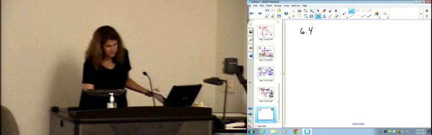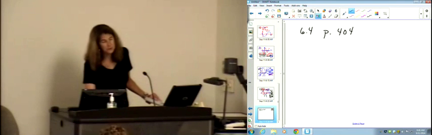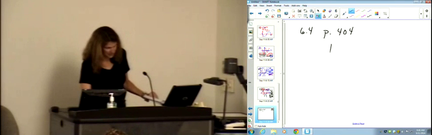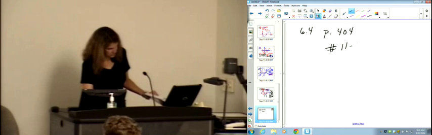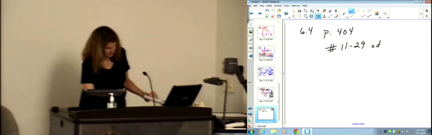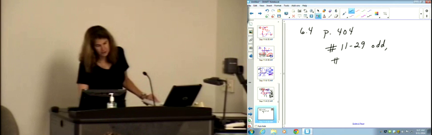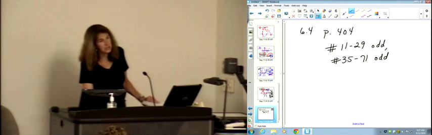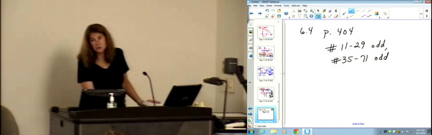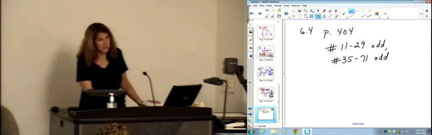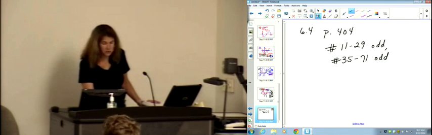In 6-4, it would be an excellent idea on page 404 to practice with numbers 11 through 29 odd and 35 to 71 odd. That's all with sines and cosines and their graphs, amplitudes, periods, writing equations for sines and cosines based on what you see or if they tell you the amplitude and period.